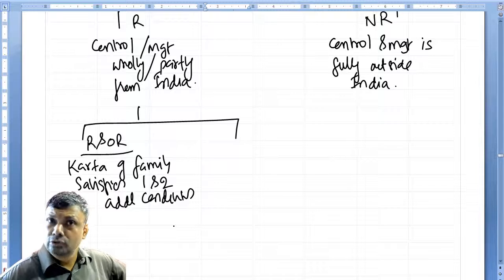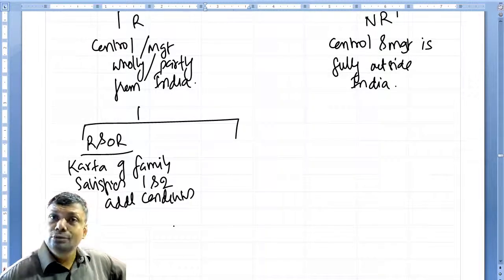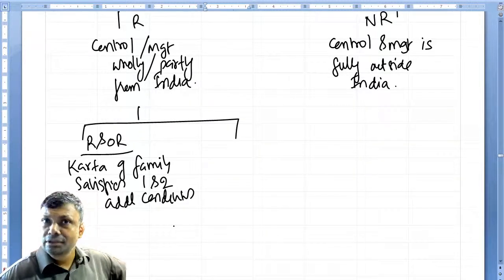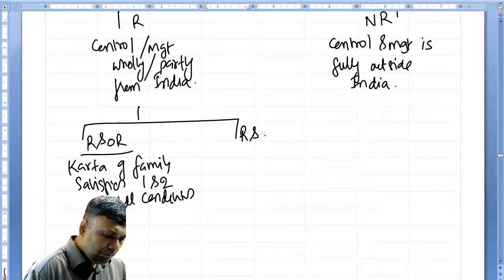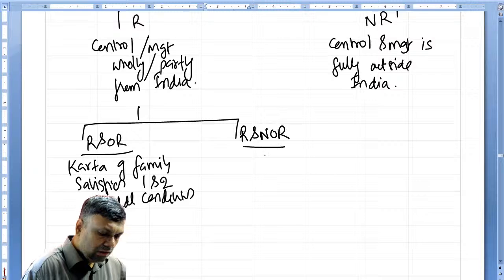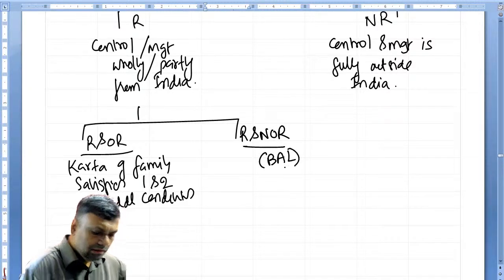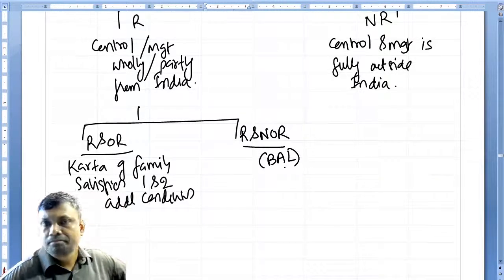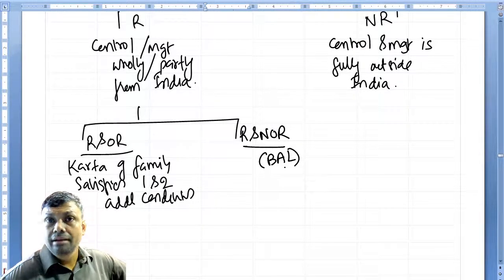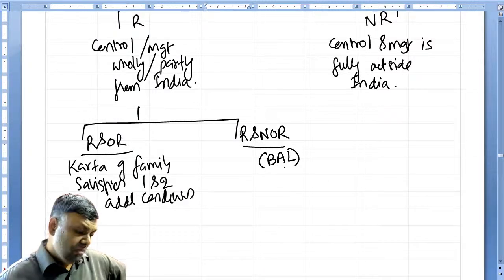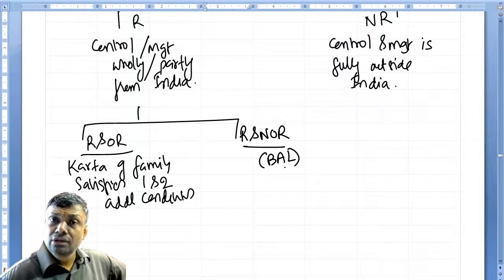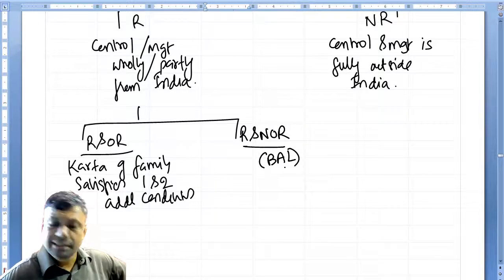So the karta has to satisfy the additional 2 conditions if required. Otherwise, it will be resident and not ordinarily resident. The karta, the head and brain of the family, is the person who actually controls the business. If that person satisfies the additional 2 conditions, the same as those of an individual, that is 2 out of 10 years and the 730 days test.